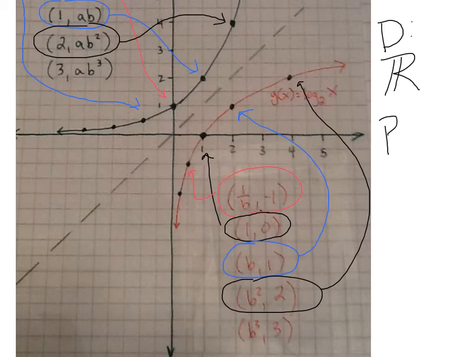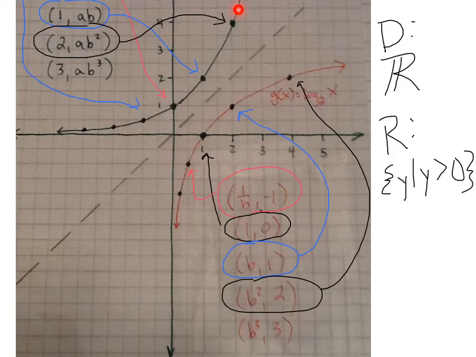However, the range of our exponential function is all y such that y is greater than 0. And we can see that in our graph to the left here. Our domain goes forever to the left and forever to the right, and so it makes sense that x is all real numbers. Whereas our range, the lowest it can possibly be is right next to 0. So y has to be greater than 0.